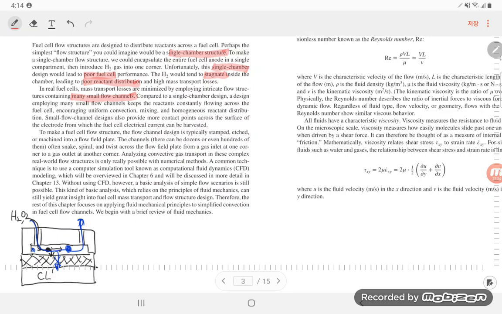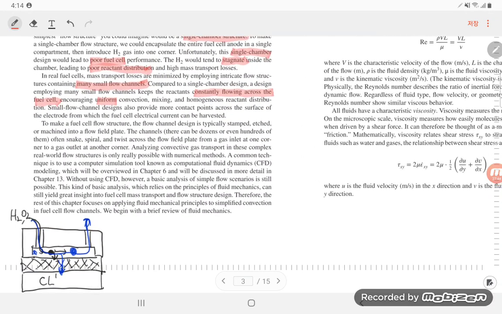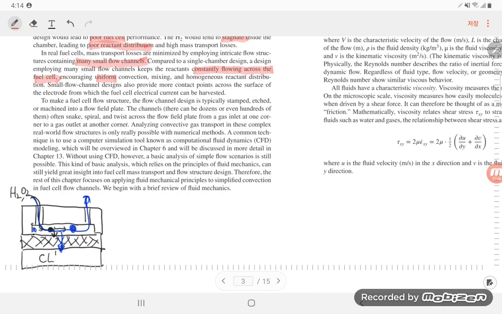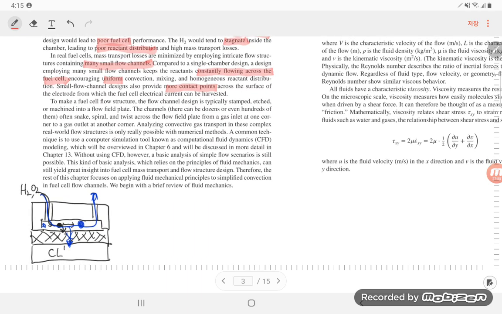Compared to a single chamber design, a design employing many small flow channels keeps the reactant constantly flowing across the fuel cell, encouraging uniform convection, mixing, and homogeneous reactant distribution. The small flow channel design also provides more contact points across the electrode surface from which the fuel cell electrical current can be harvested.